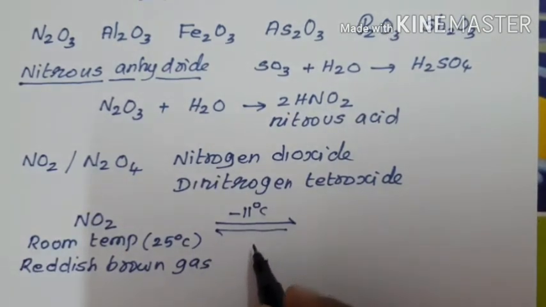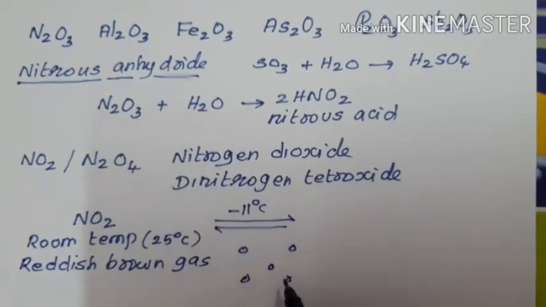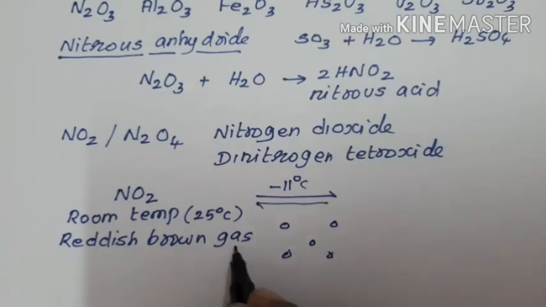In gases, we know the space between molecules is more. Mostly there is no attractive force between the molecules in the gaseous state. When gases are cooled, the intermolecular distance is reduced and the gas is converted into liquid. Cooled to a very low temperature, the distance is further reduced and finally it forms a solid.